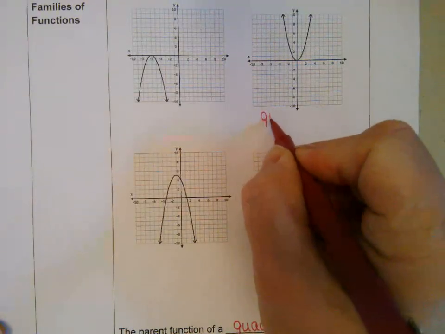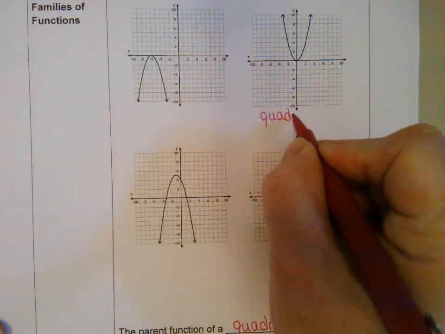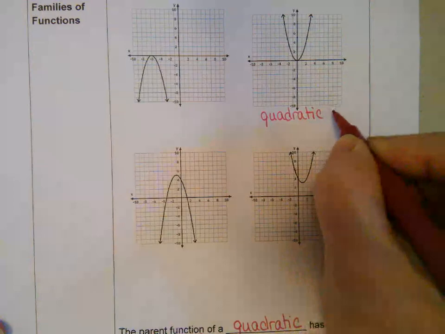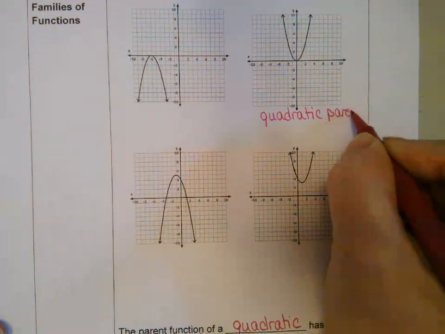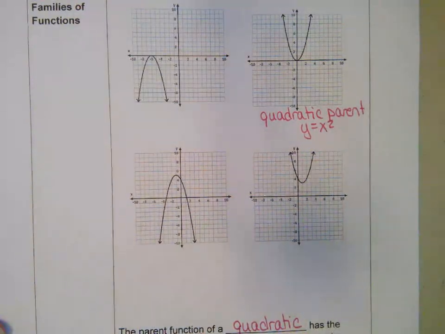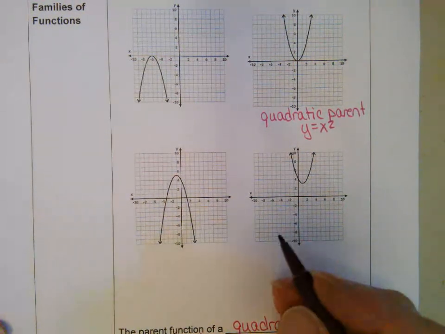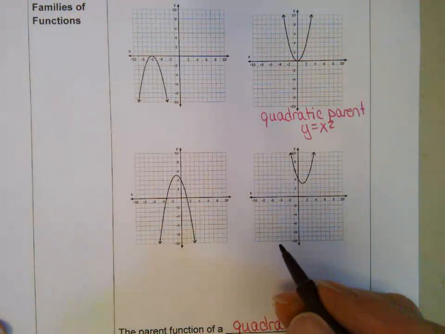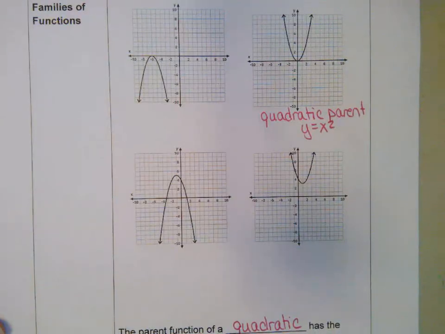Top right. y equals x squared. Now, what did we do to it? It looks like we have done some shifting and some negating.